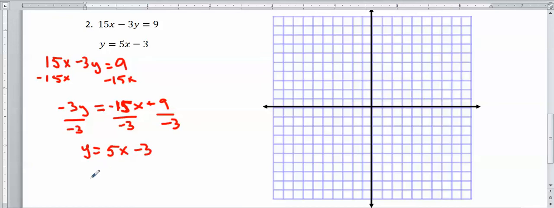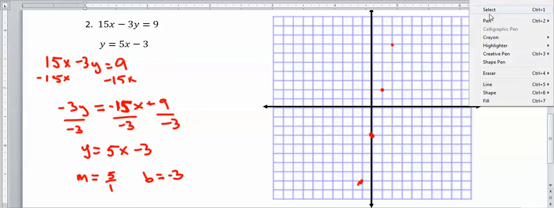So I'll go ahead and graph the first one. My slope is 5 over 1. My y-intercept b is negative 3. Okay, so I'll plot that. And what you should have done is go up 5 over 1, up 5 over 1. That goes to about right there, and then down 5 to the left 1, about right there.